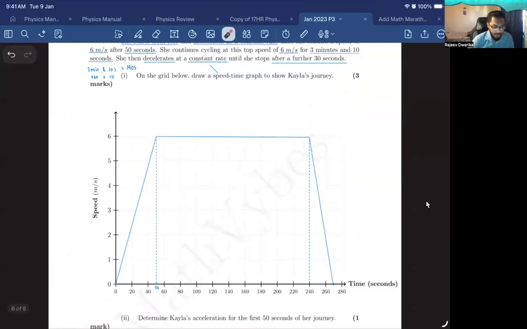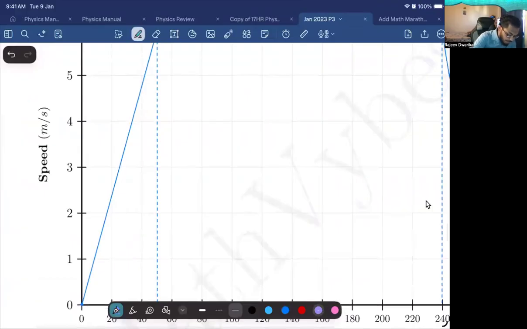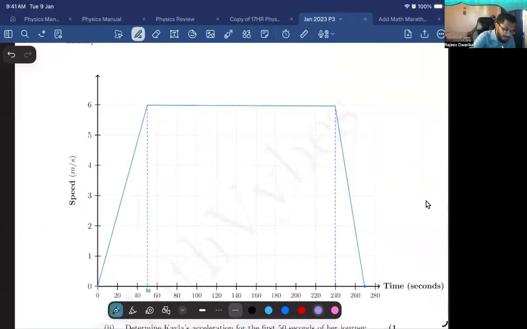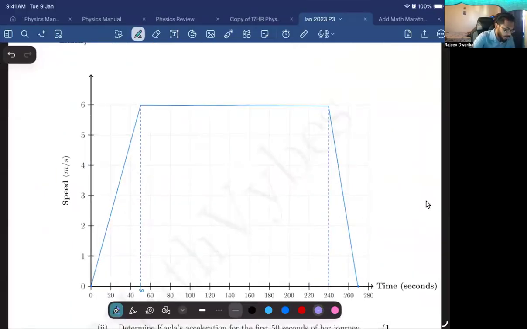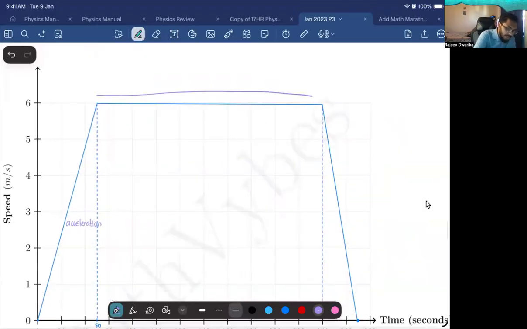Yes, sir. So guys, just to make sure everybody's fine, this region over here from 0 to 50, is that acceleration, no acceleration, or deceleration? Acceleration. Right. This flat region over here, would it be acceleration, no acceleration, or deceleration?